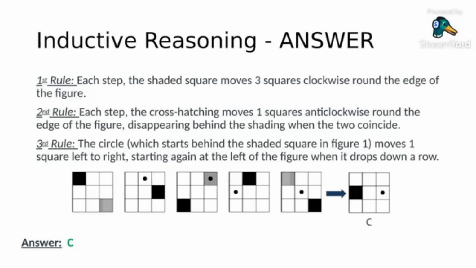Mapupunta po siya dito sa second box, counting from the box next to the box with a black shade. Also, hindi natin nakita yung circle or dot kasi nakapatong siya dun sa shaded na box. That's why. So, dun muna tayo sa black lang na shade.